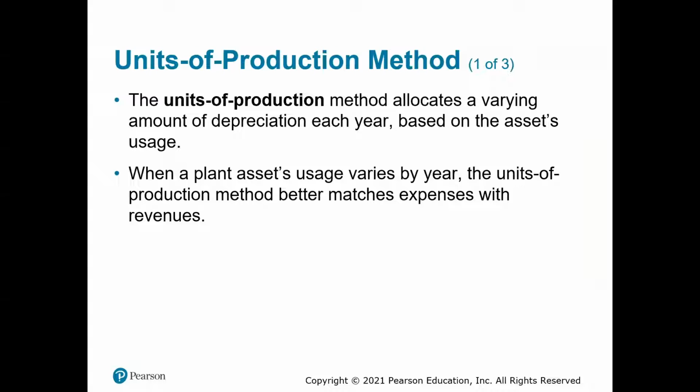A unit of output can be miles, it could be units, it could be hours or output. It depends on which unit type best defines the asset's use. When a plant asset's usage varies every year, the units of production method does a better job of matching expenses with revenues.